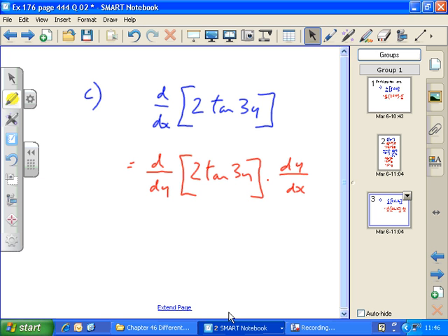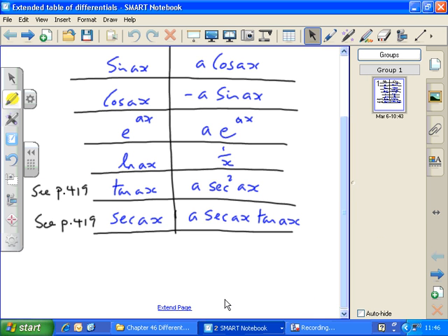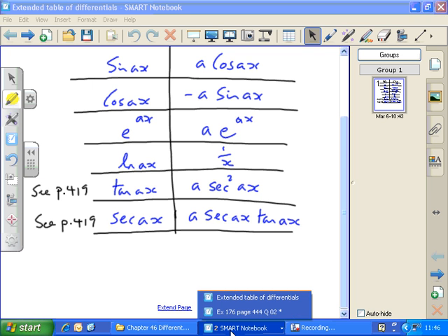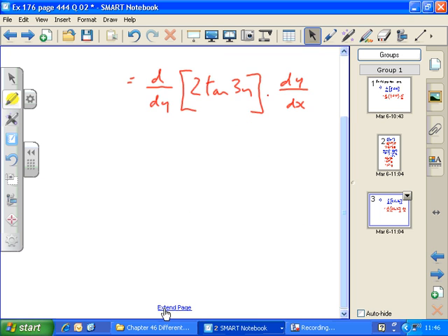And then we look at our table of standard differentials, and we note that the tangent is the a comes out and the tangent changes to sec squared. So the a comes out, the tangent changes to sec squared. So this will equal 3 comes out times by the 2 to get 6 sec squared 3y times dy by dx, which is the answer in the textbook.